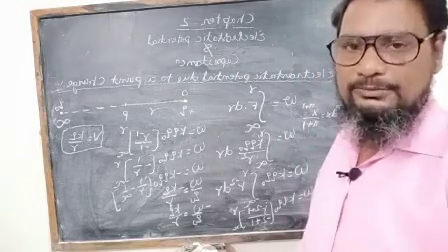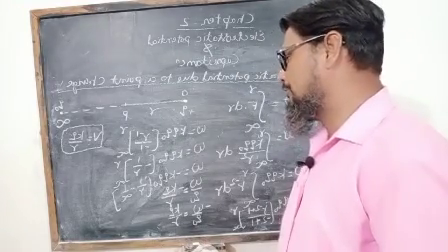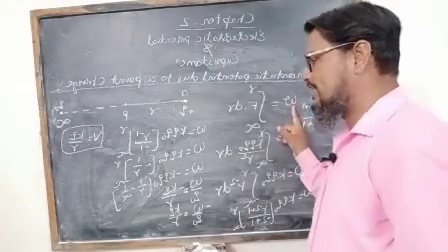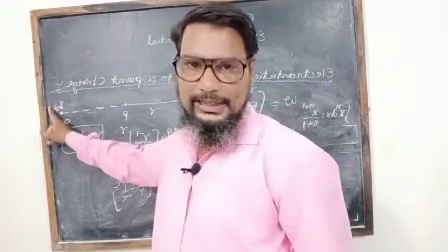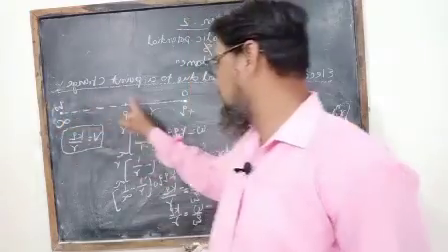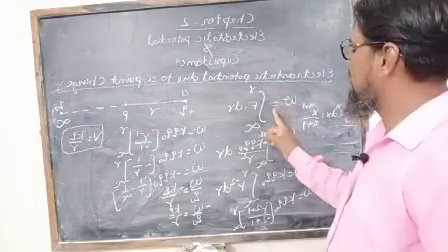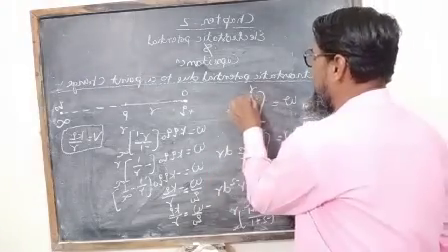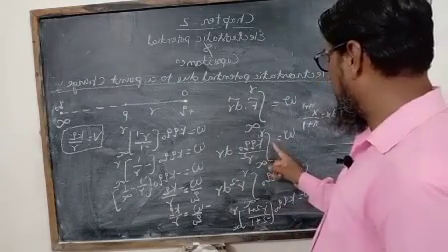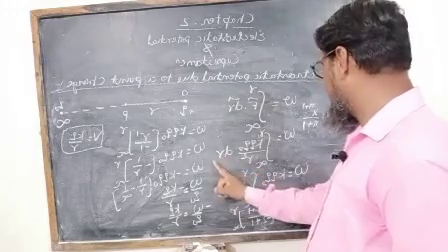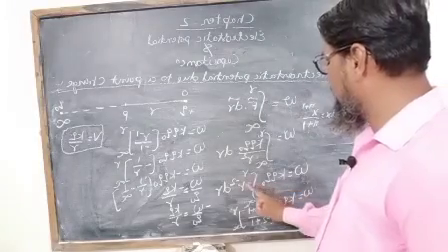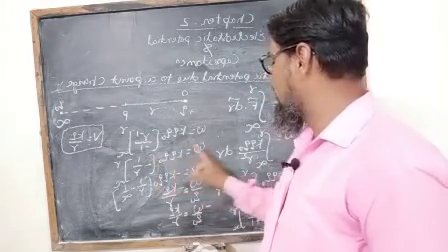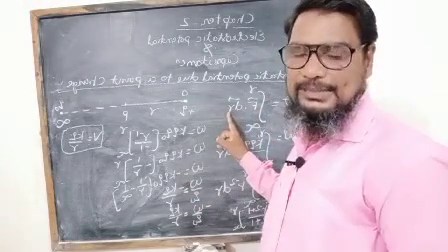So this is the formula for a potential due to a point charge. Again, I am explaining the work done in displacing a positive test charge Q0 from infinity to R, which can be taken as W is equal to the integral from infinity to R of F dot dr, where F is KQ0 upon R square, so W is equal to KQ0 times the integral of R power minus 2 dr, and this is minus 1 upon R, because here the work done is against the displacement of the particle.